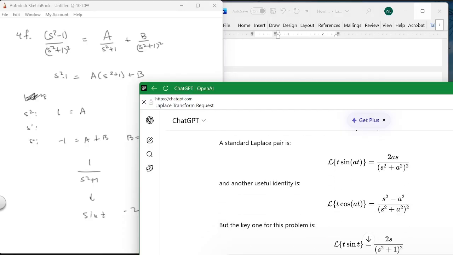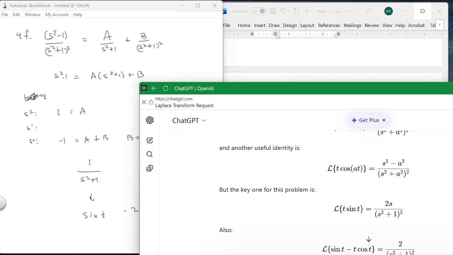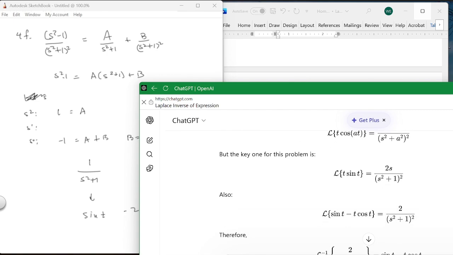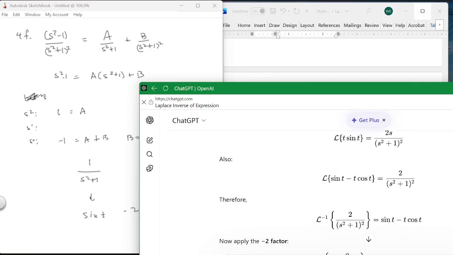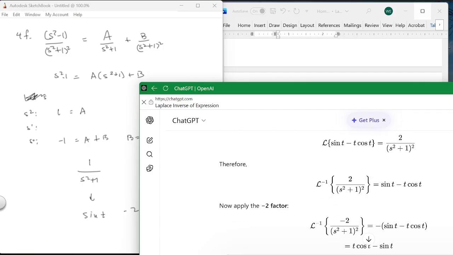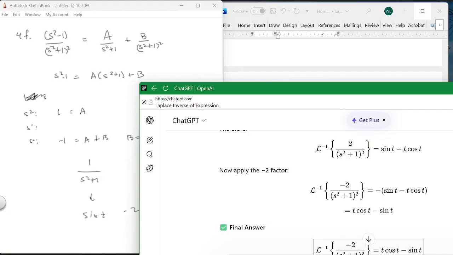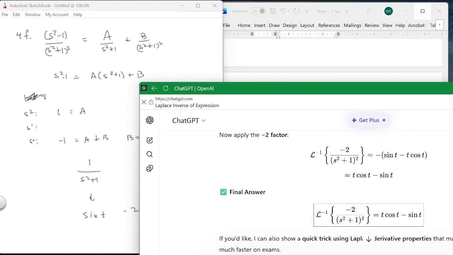There it is. They did that. It's t cosine t minus sine t. Okay.